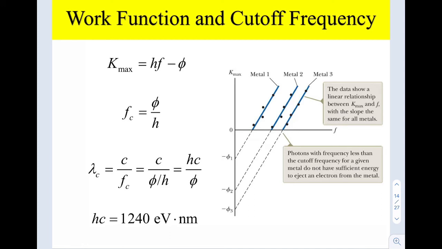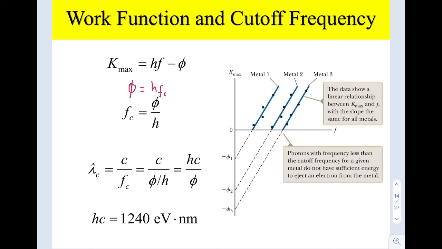Okay, so now let's take a detailed look at the work function and cut-off frequency. As we know, the kinetic energy maximum is equivalent to hf minus the work function, and the work function itself is hf_c. So from here, f_c is equivalent to the work function over h, where h is the Planck constant.